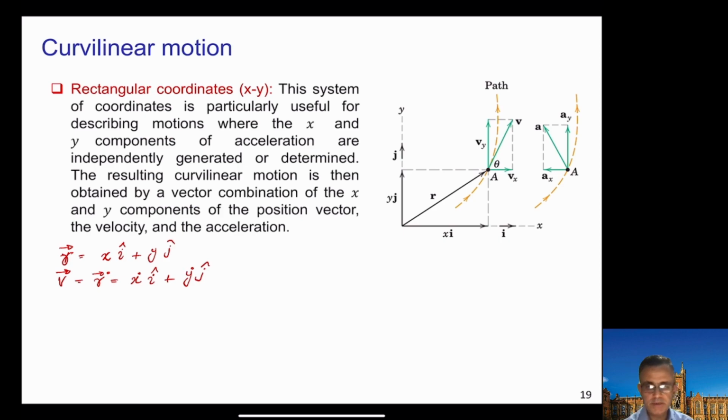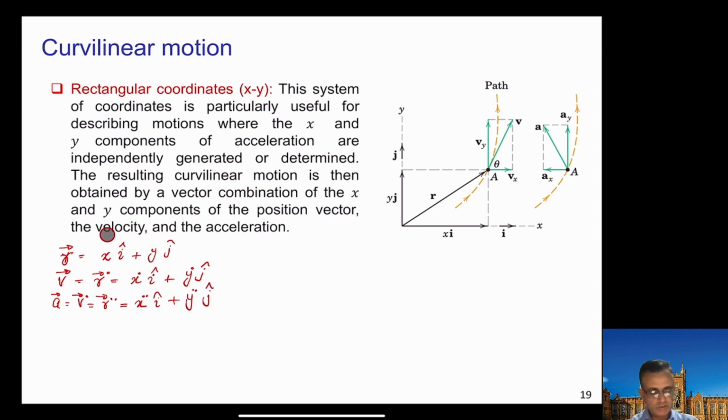Similarly, you can calculate acceleration, which is again v dot, and again acceleration is a vector, v is a vector, and r double dot, which is x double dot along i plus y double dot along j.